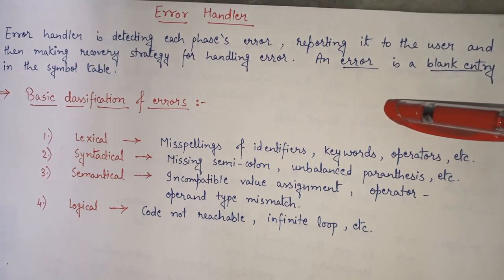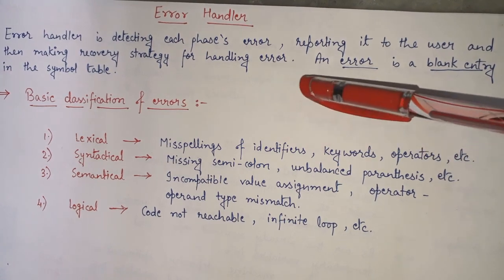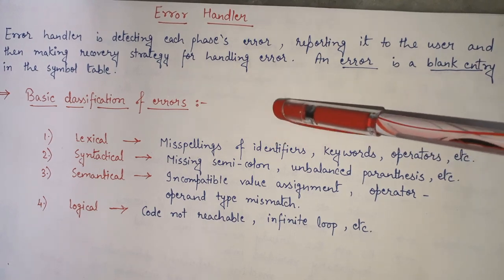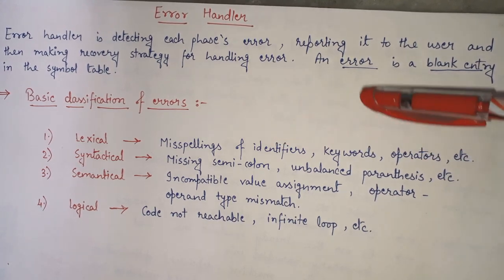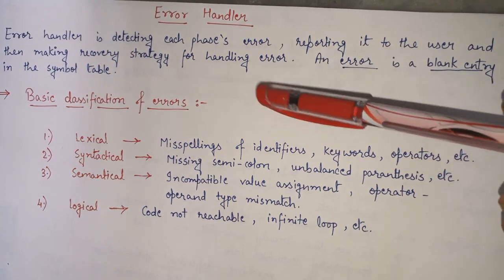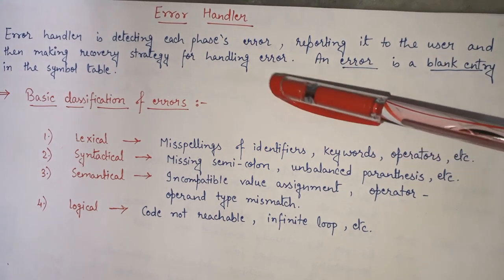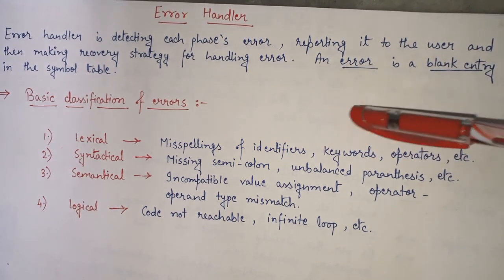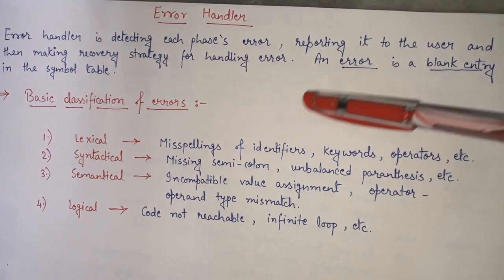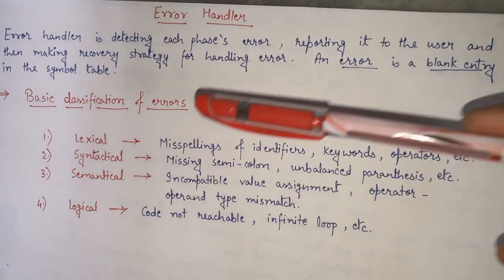That is incorrect. If the variable is integer, it should be assigned an integer value, or if your value is a string, it should be assigned to a character or string variable. So when your variable is of one type, but you are trying to assign a value of some other type to it, that is known as incompatible value assignment. That is a semantical type of error.